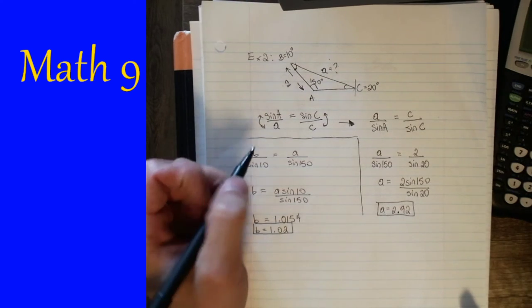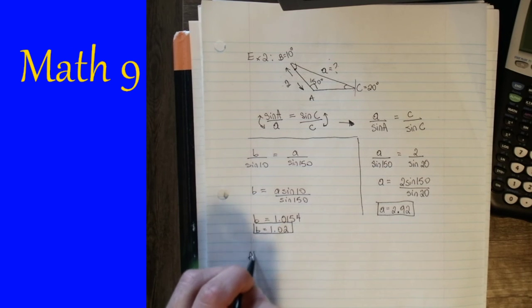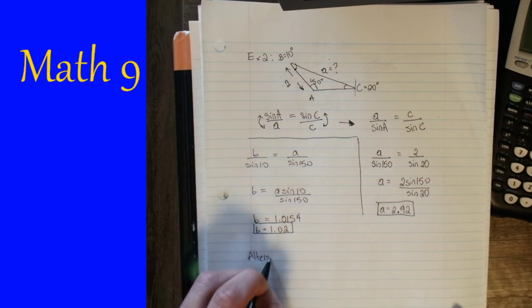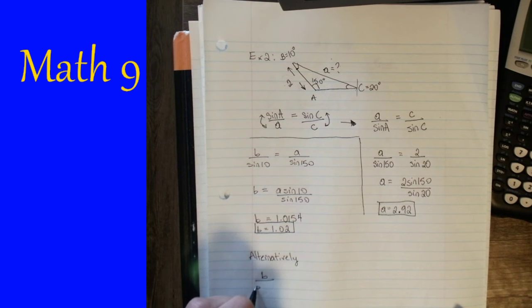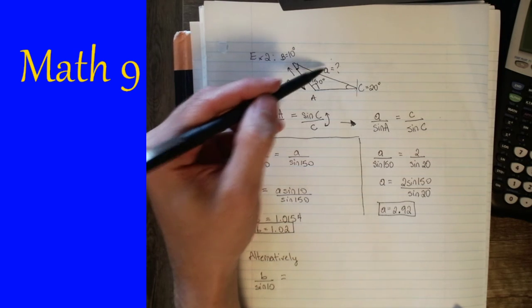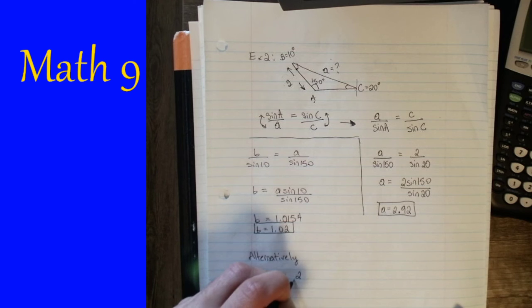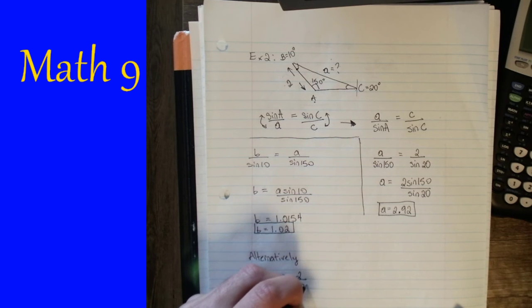So what we also could have done, and this is alternatively, is said b over sine 10 is equal to, instead of a over sine 150, we could have done c over sine of 20.